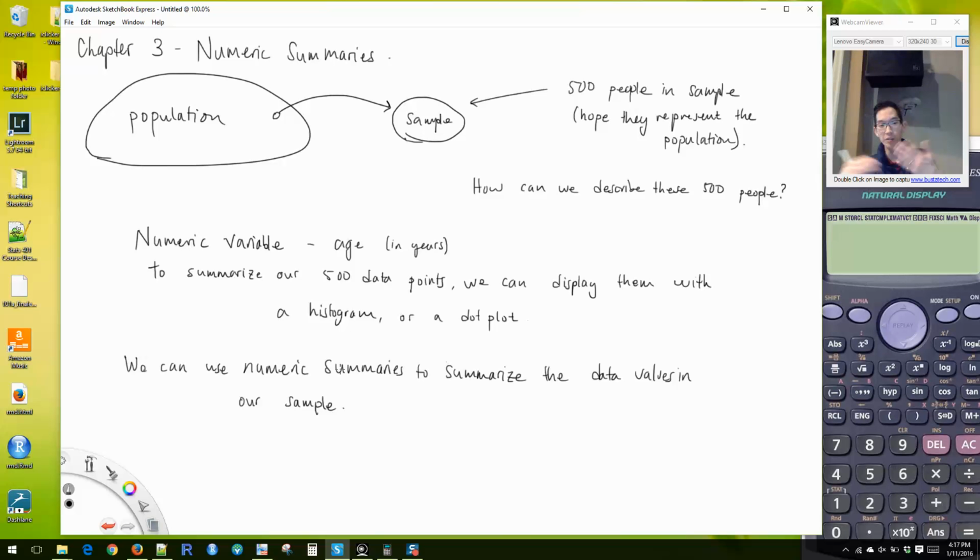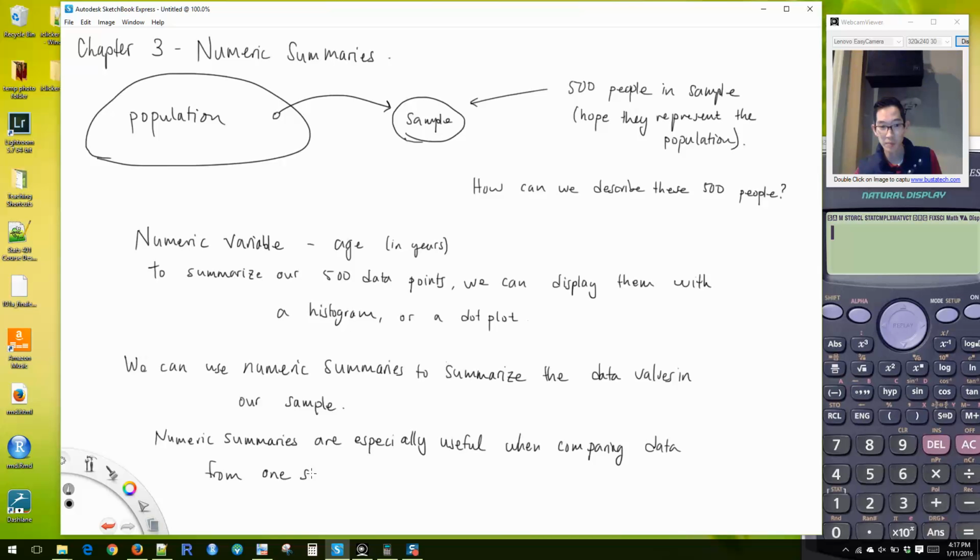These summaries, we can use them to compare samples, to summarize the data values in our sample. Numeric summaries are especially useful when comparing data from one sample to another sample that may or may not necessarily be drawn from the same population.